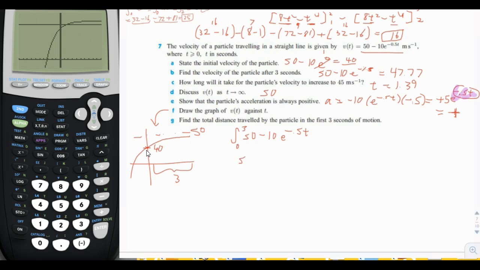And that's going to give me 50t minus, okay, right? This would be the integral of that. So actually we could simplify this a little bit. There's two negatives here. We could make that positive. 10 divided by 0.5 is actually going to be 20.